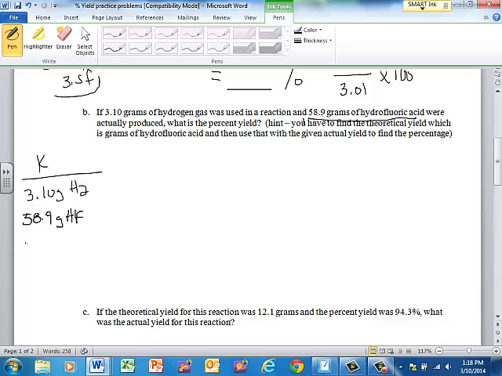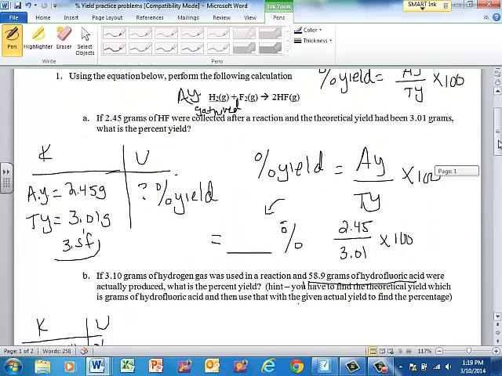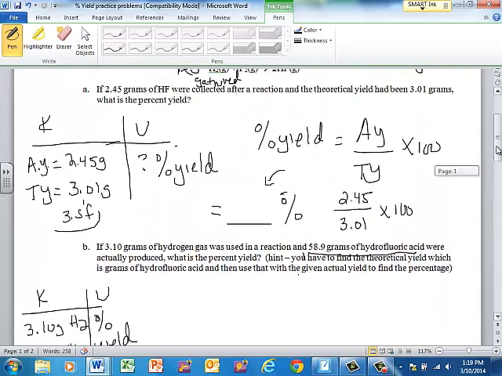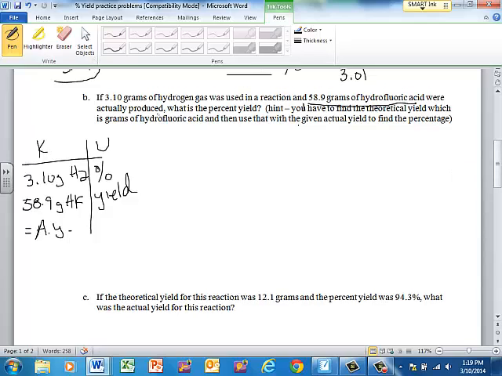Well, that's going to mean that my 58.9 grams of hydrofluoric is equal to my actual yield. The unknown, it wants to know percent yield. And I give you a hint. It says hint, you have to find the theoretical yield, which is in grams of hydrofluoric acid, and then use that with the given actual yield to find the percentage. What the heck does that mean?